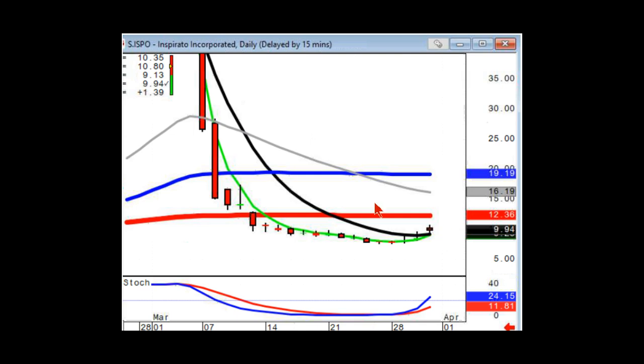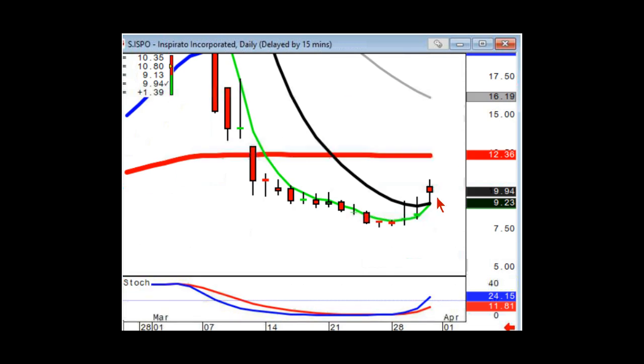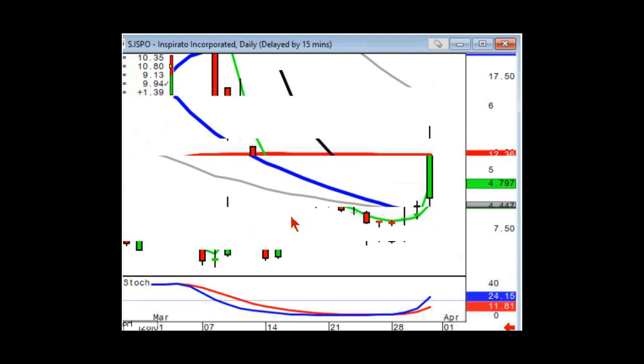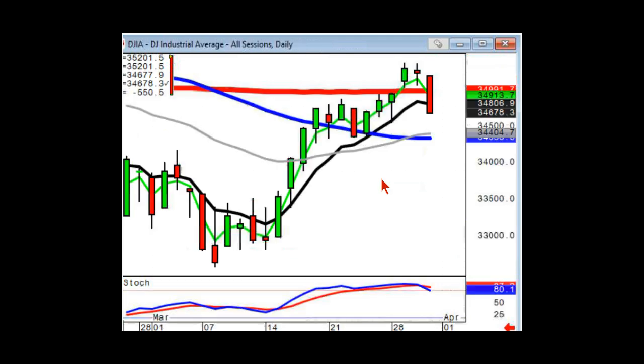I wouldn't want to see this one open down here. I wouldn't pay attention to it until it came back up through this level. Whereas on ISPC, I wouldn't want to see this one open down here. I want to see it open positive, telling you the bulls are still in control. Okay, so let's go back to the markets.